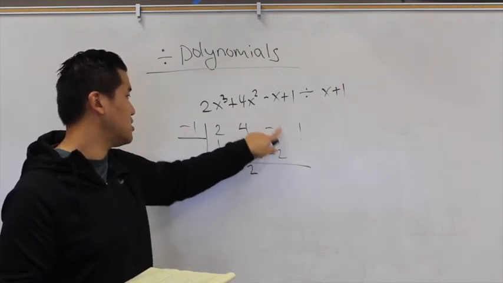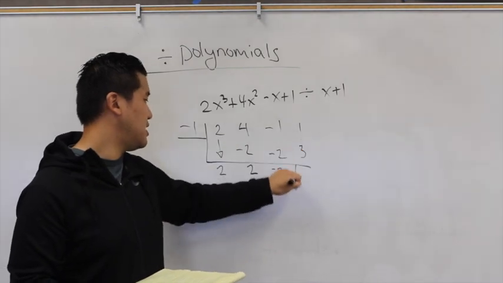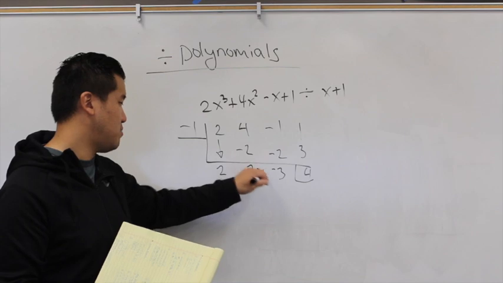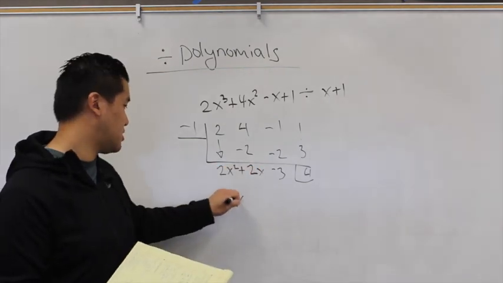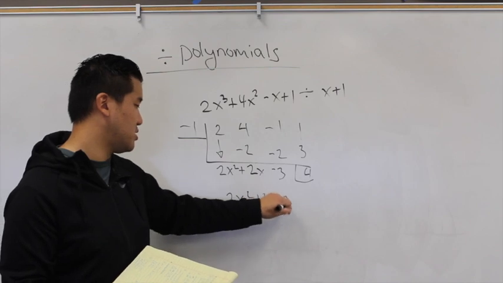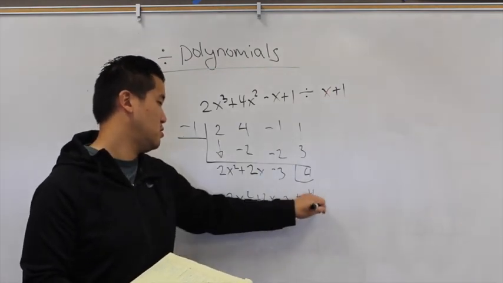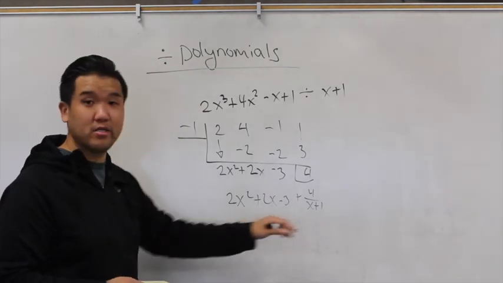This should have been negative 1, sorry. You get negative 3, multiply, you get positive 3, so you get 4. That's my remainder. What's left over is, let's go backwards. So you have 2x squared plus 2x minus 3 with the remainder of 4 over that. So this is my answer.